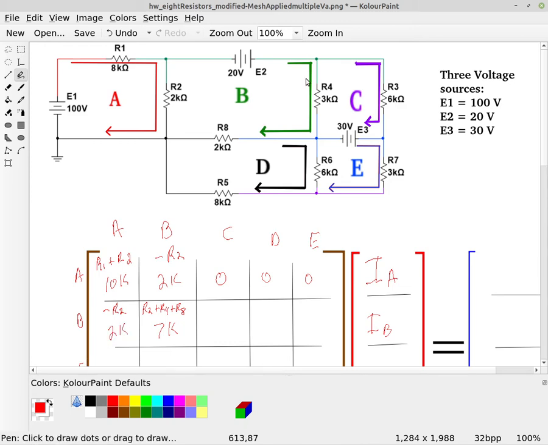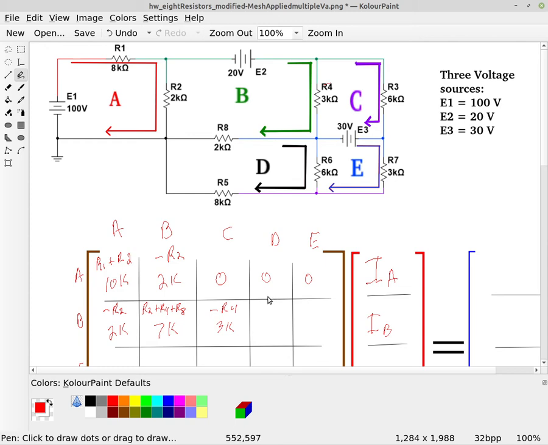And then B and C are touching at R4. So in the BC spot here, we're going to subtract R4, which is a 3K.